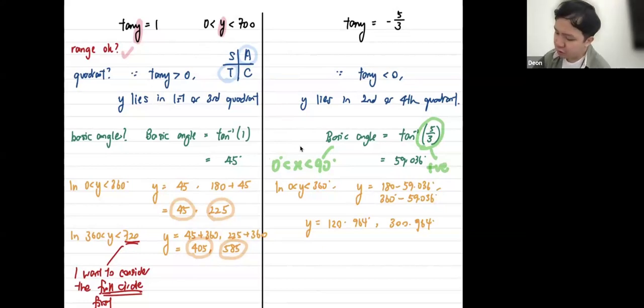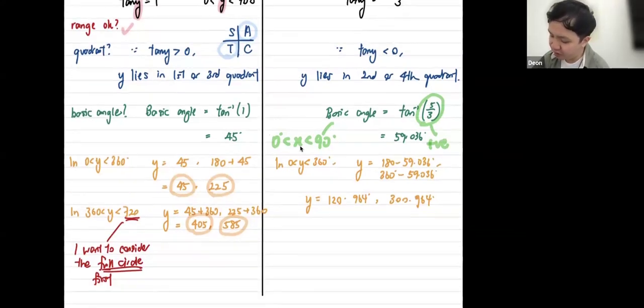Okay, so this is the first quadrant, first circle. So now I want to consider the second circle. So I want to add 360. So it's 120.964 plus 360 and 300.964 plus 360.